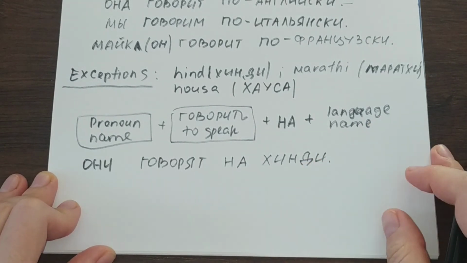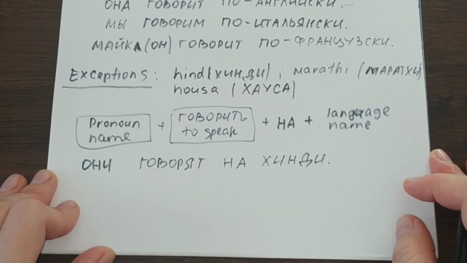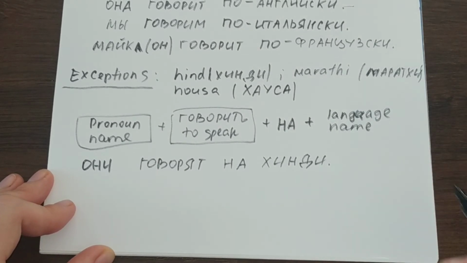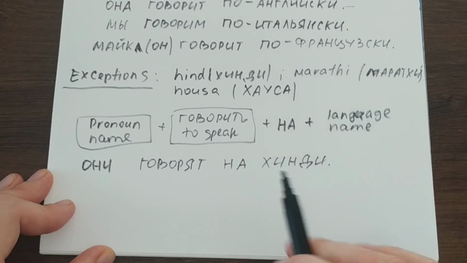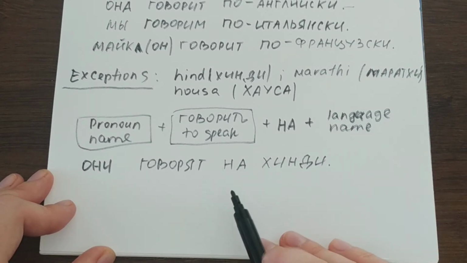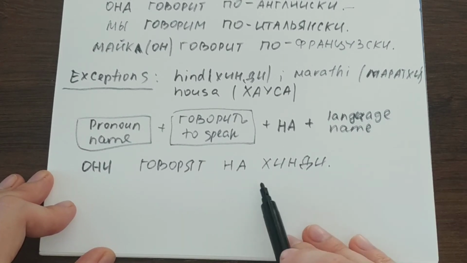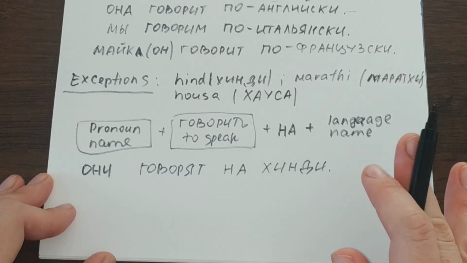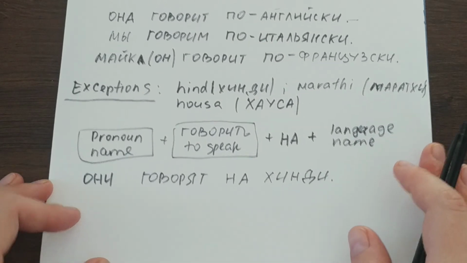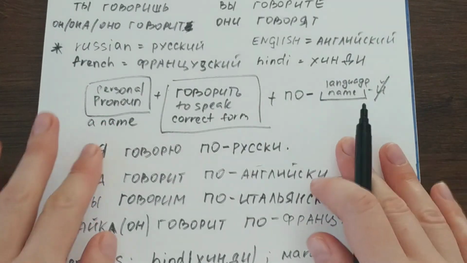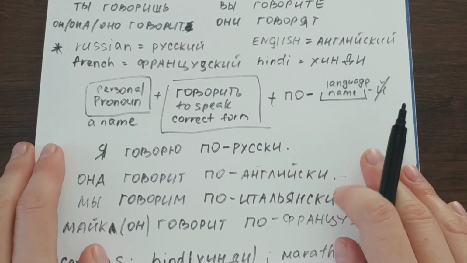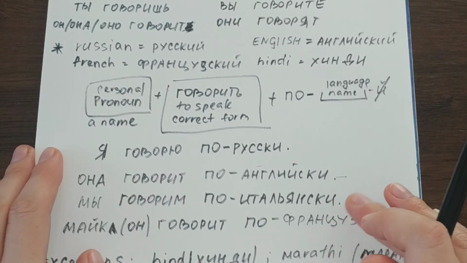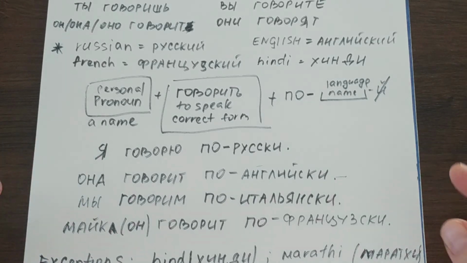So that is how you will form the sentence. They speak Hindi, but in Russian. So it is now with the usage of the preposition на, and the language name in this case doesn't change, doesn't drop any ending. It stays the same. The earlier pattern is used when the name of a foreign language is built from the name of the country.